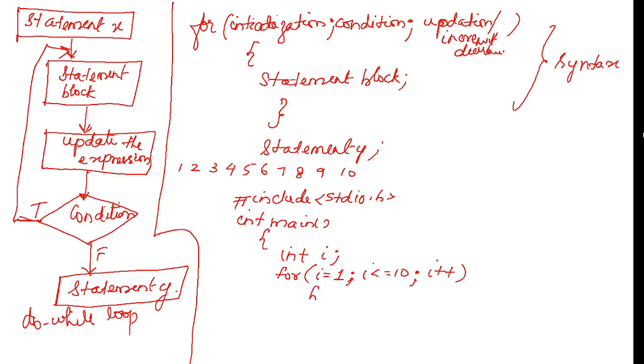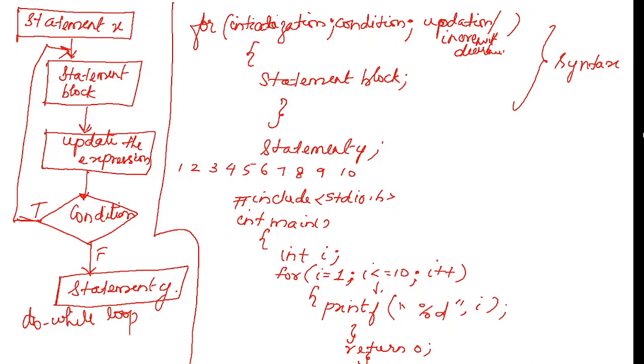That is the advantage of using this for loop. If the condition is true, then it will execute the statement printf, let me give a space, percentage d, i, close the loop, return 0.